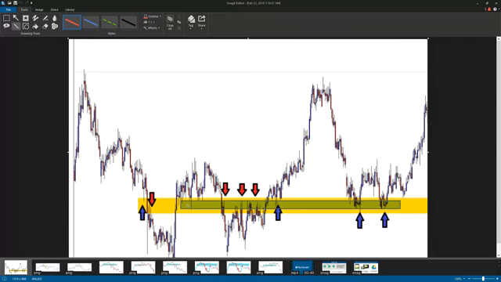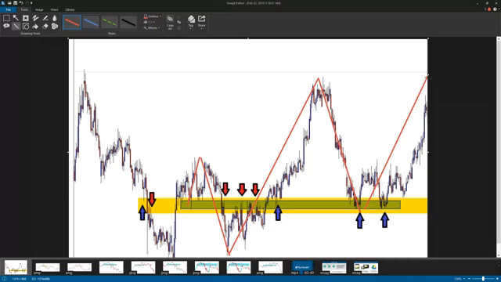Okay, so let me draw this. Over here you got a low, and over here you got a higher high, a lower low, and then you got a higher high. And then it goes back to this. It's called a QM level.